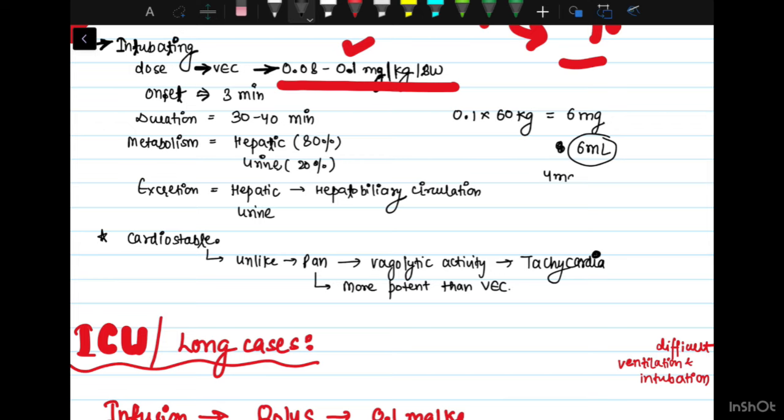One ampule contains 4 mg, so you have to break two ampules, that means 8 mg, and add it with 8 ml of NS or 5% dextrose. That will form your 8 ml, because the 8 mg is only the dry form. Out of this 8 ml, you have to give 6 ml, provided the patient is 60 kg, and keeping the dose as 0.1 mg per kg.